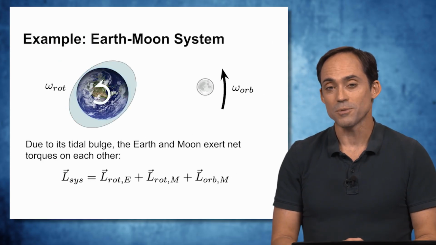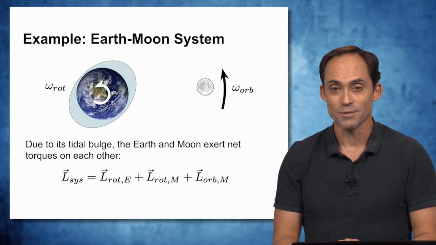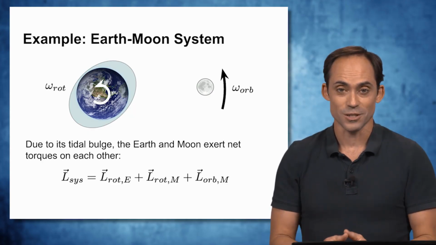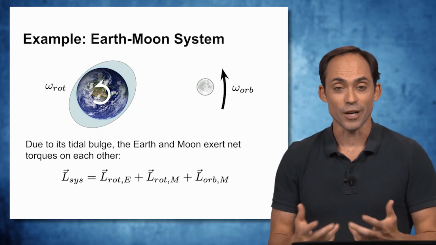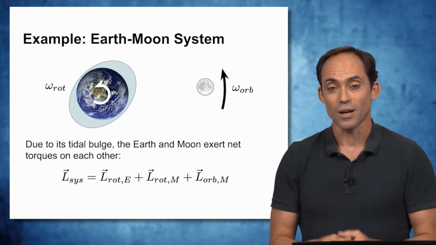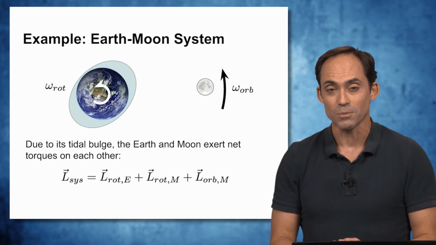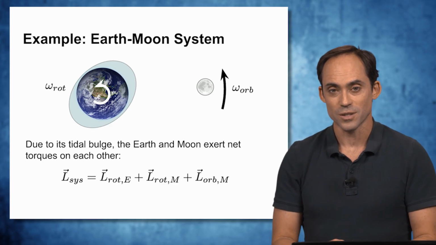An example of angular momentum conservation that you may be less familiar with but is still important in your daily lives is the Earth-Moon system and its angular momentum exchange. The Earth and the Moon are very far from the Sun, so we don't feel much in the way of external torques from the Sun, but there are torques acting between the Earth and the Moon system.